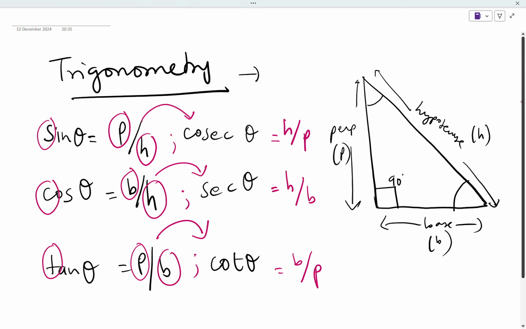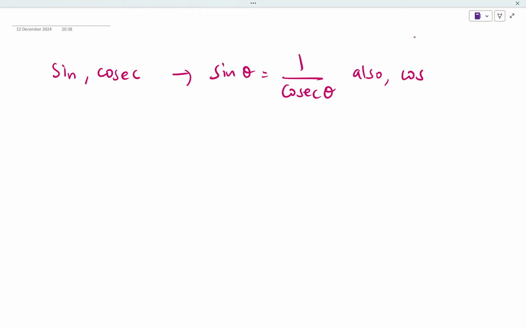Now since we have discussed what all of this is, let's move on to the next part of trigonometry, which is the relationship between these angles. But before getting into that, as I mentioned, sine and cosec are inverse of each other. So we can say that sine theta is 1 by cosec theta. Also cosec theta is 1 by sine theta. You can get this easily, it is just getting cross multiplied and interchanged.